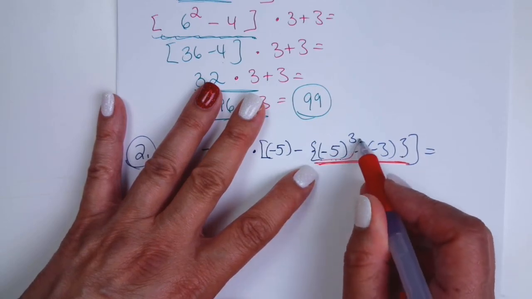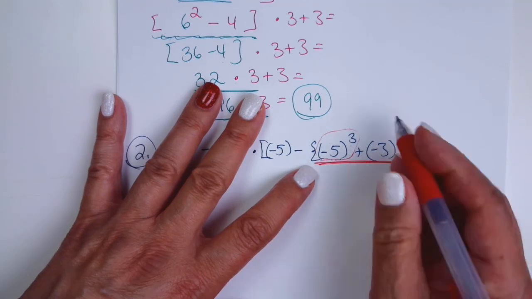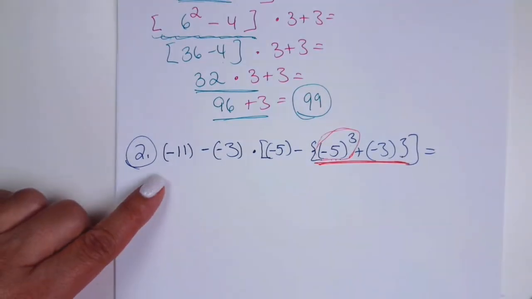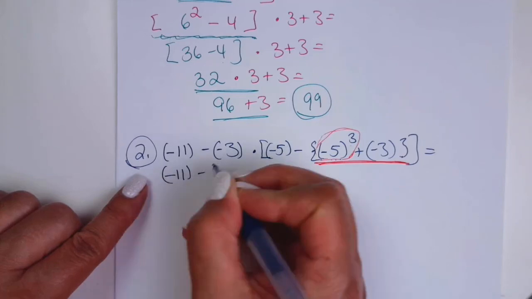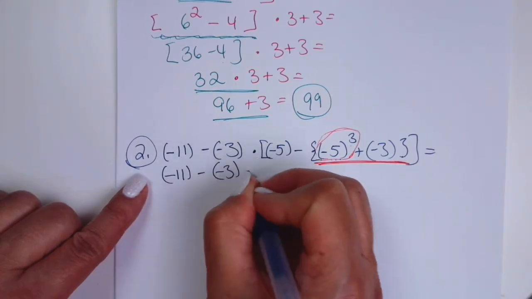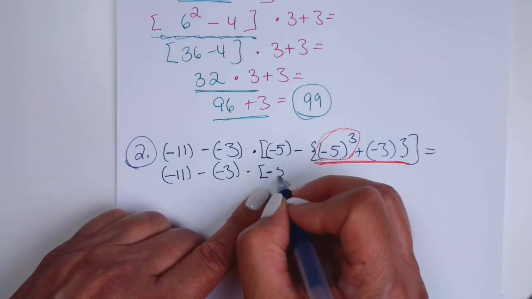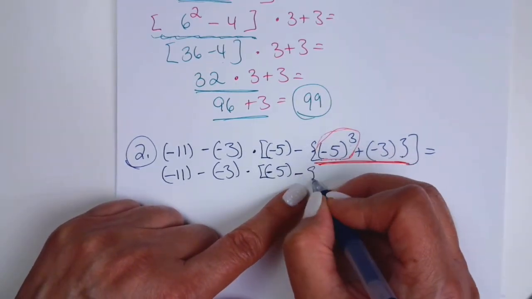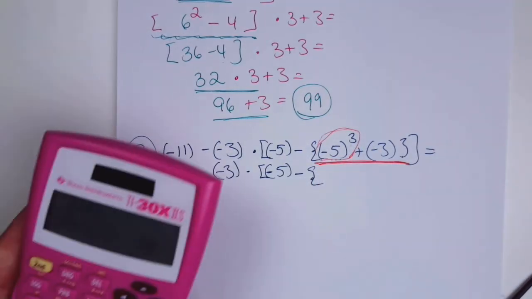So we want to do this calculation first, and we're going to copy everything else like it is. Negative 11 minus negative 3 times bracket open, negative 5 minus, and now we're coming to that negative 5 cubed.